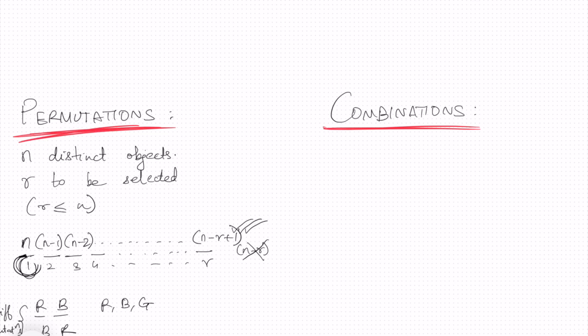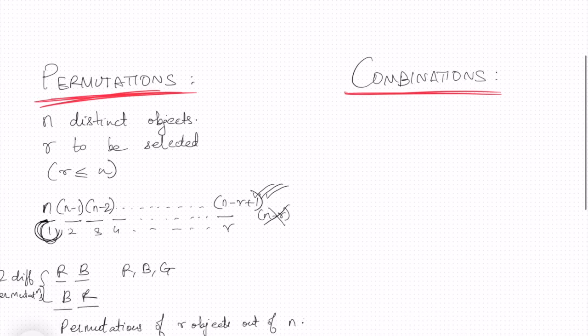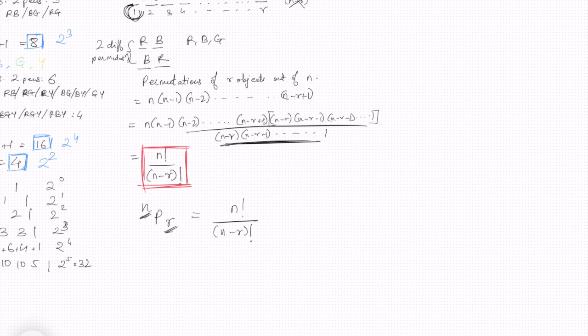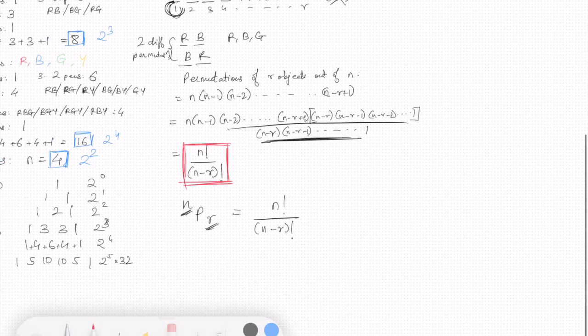I only want to know in how many ways I can select r objects out of n. But if I have to find the permutations, I have to select those r objects out of n, and also I have to arrange them in some ways, which we'll see just now. So if we know the number of permutations, which we've calculated very naturally, nPr equal to n factorial by n minus r factorial, highlighting it.